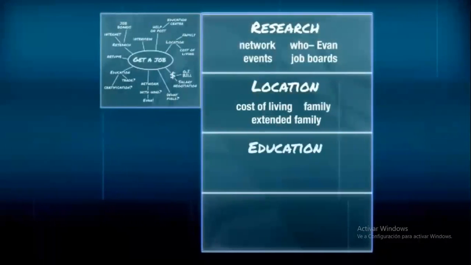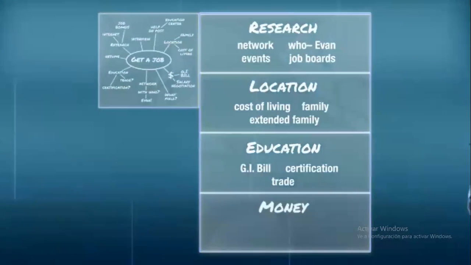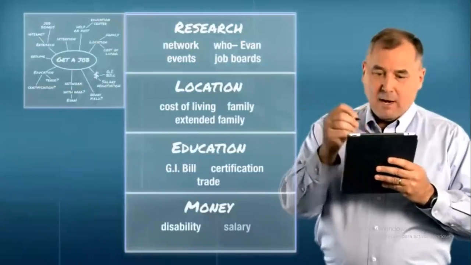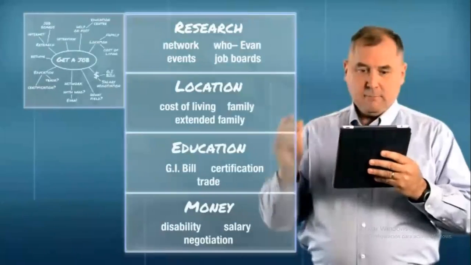GI Bill goes under that, certification or trade goes under that. Let's see what's left. How about money? Money, yeah, that's important. Under that goes disability, salary, and salary negotiation.